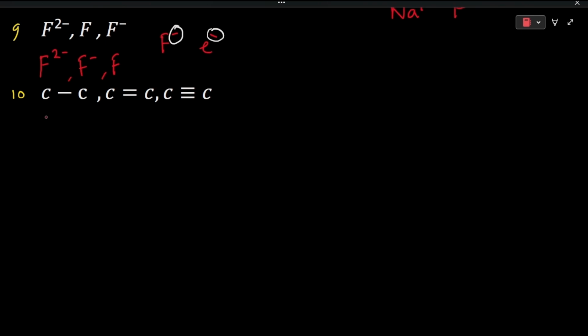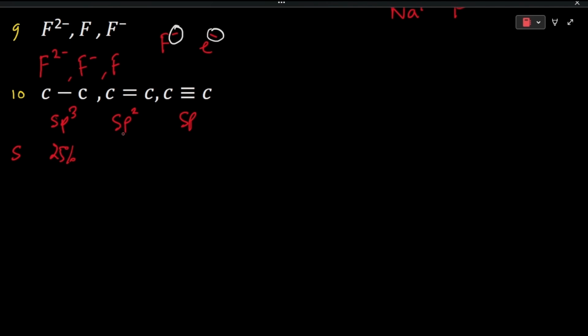So it means that the carbon here in the single bond is sp3 hybridized. In the double bond, the carbon is sp2 hybridized, and the carbon in this triple bond is sp hybridized. Now it means that here the s orbital has a 25% character.